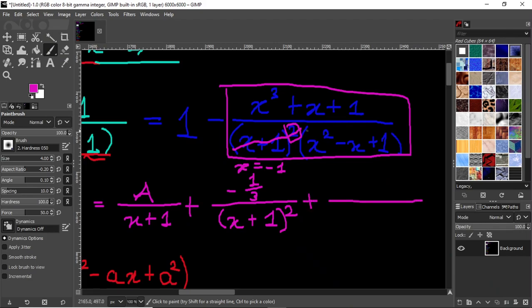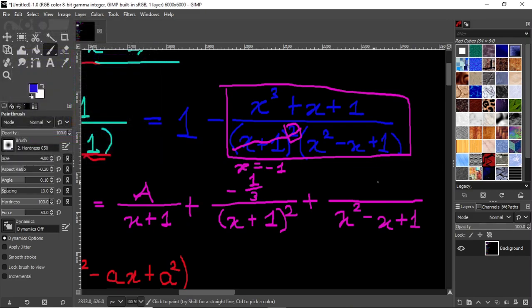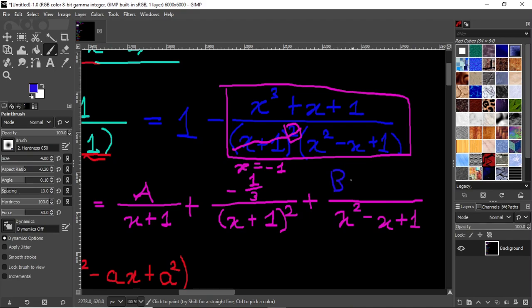And we have another one. This is x squared minus x plus 1, a quadratic, so we need a linear, degree 1 term here. Let's say, not a again, we'll say that this is bx plus c.